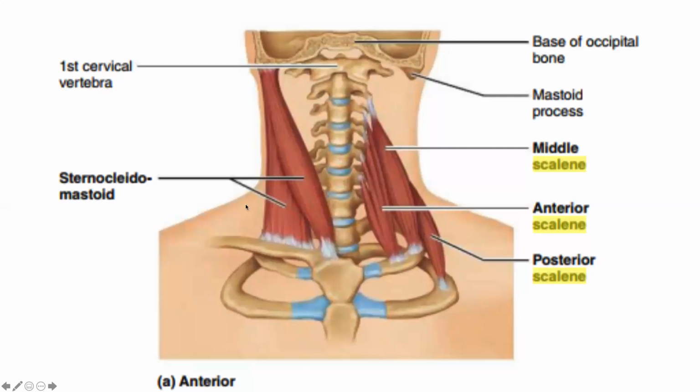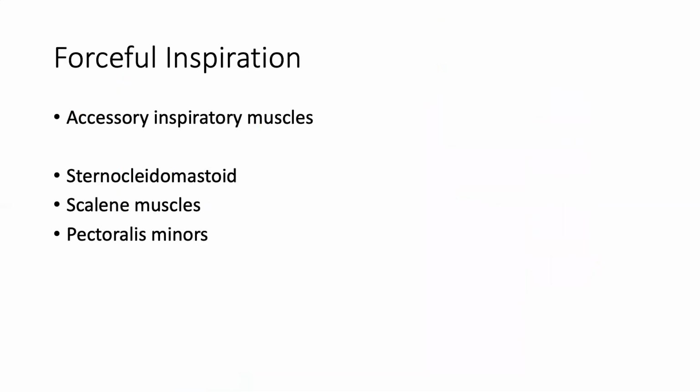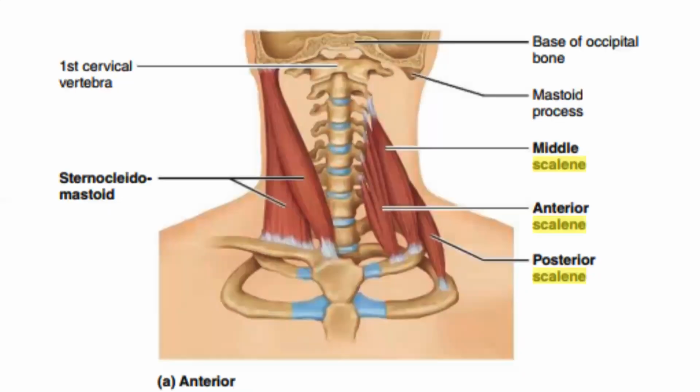They are hiding under the sternocleidomastoid muscle, and they attach to the first rib and the second rib. Therefore, anything that attaches to the sternum or the ribs helps with forceful inspiration: the sternocleidomastoid, scalene muscles, and pectoralis minor muscles.